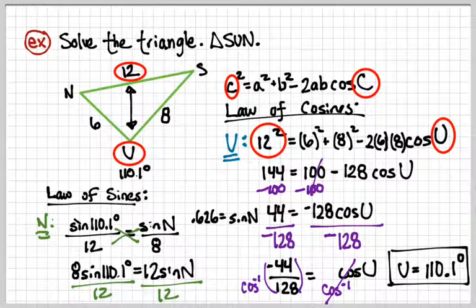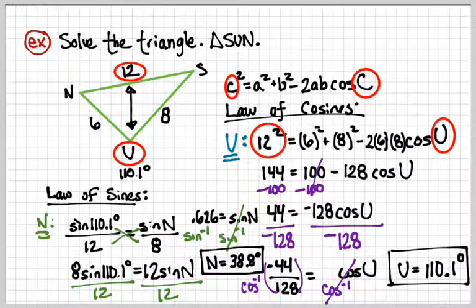Take the inverse sine of both sides, sine negative 1 and sine negative 1 cancels, and n, if we round to the nearest tenth, will equal 38.8 degrees. And box that.